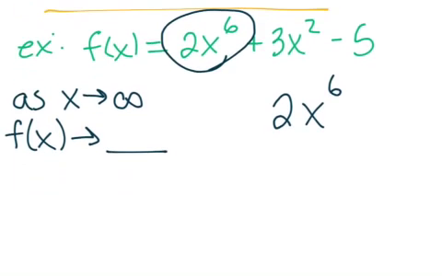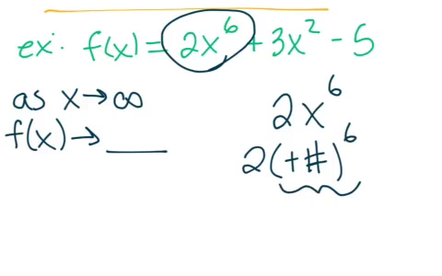I've got 2 times a positive number to the 6th power. Okay, when I have an even power, no matter what's inside the parentheses, it will be positive. A positive number to the 6th power is positive, times 2 is still positive, and the bigger this positive number gets, the bigger this whole thing is going to get. So we're going to go to positive infinity.